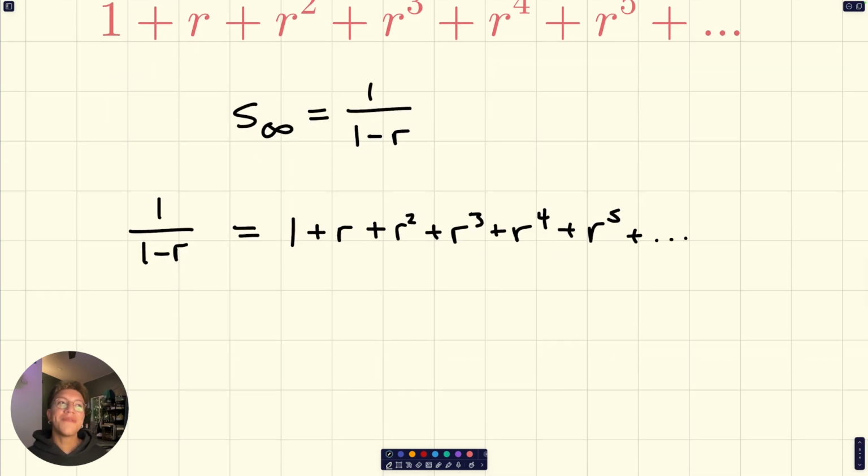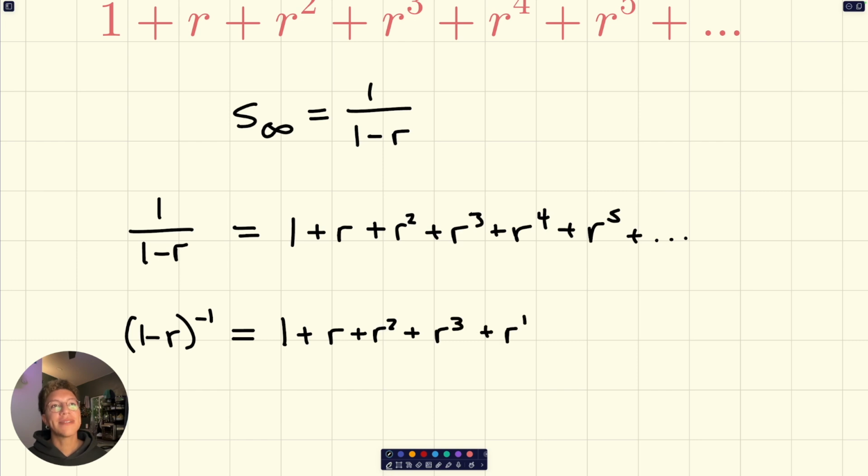And if we rewrite this just a little bit, we get 1 minus r to the negative 1 power. And hopefully now you see why we spent all this time going back into sequences and series. We see that that's actually a binomial raised to a negative power. And so this is like the key insight that unlocks everything.